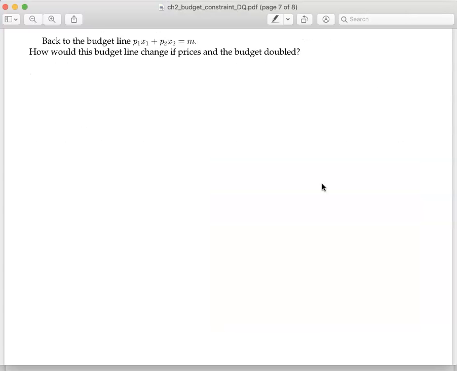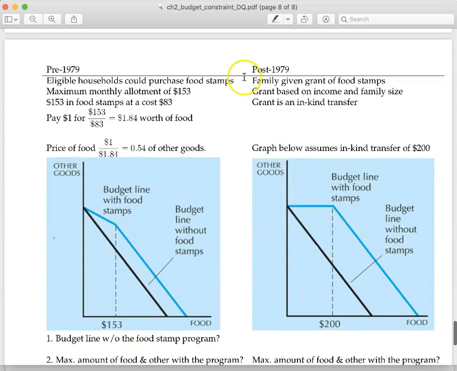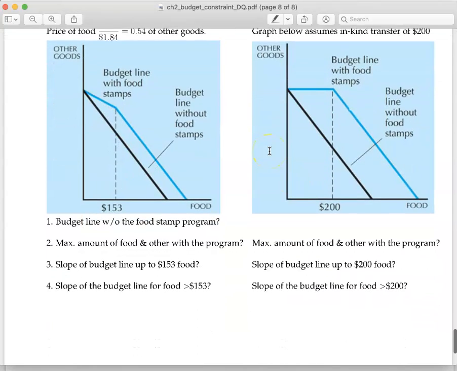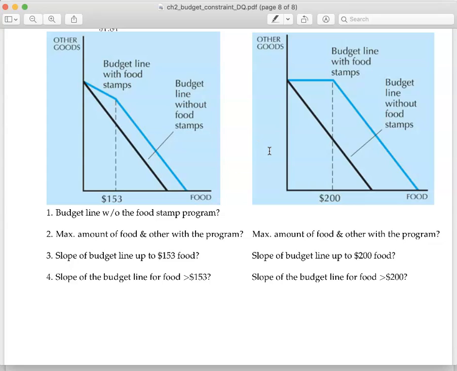And so here are some in-class questions corresponding to this situation. Here I've just repeated exactly the same information as in the lecture, but then I'm asking these questions. First of all, characterize the budget line without the food stamp program. What's the vertical intercept, horizontal intercept? What's the slope?